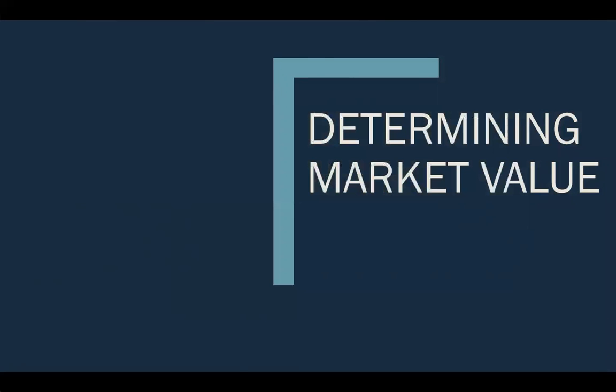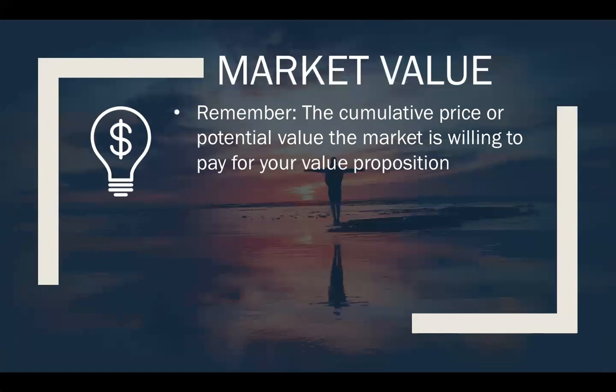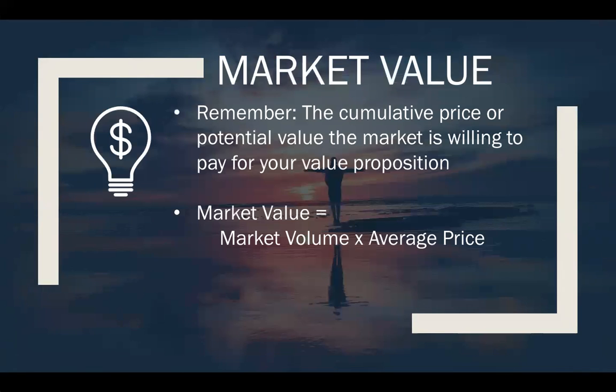Determining market value. So the market value, remember this is the cumulative price or potential value that the market is willing to pay for your value proposition. Essentially, you take the market volume that we just calculated and multiply by your average price. You don't need to know exactly what you're going to sell your thing for yet, but just take an estimation.